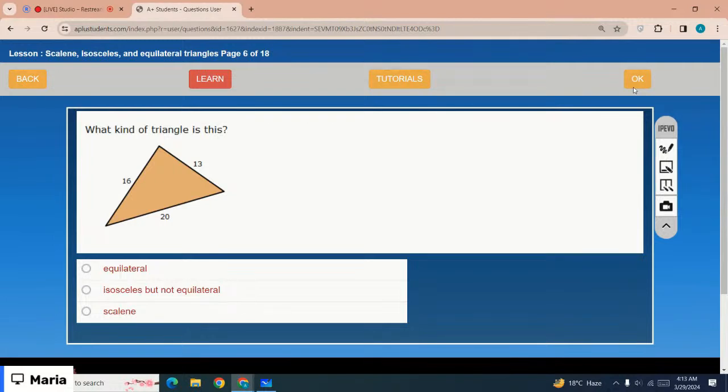What kind of triangle is this? Yes, scalene it is. Very good.